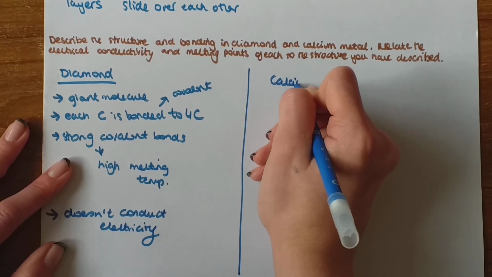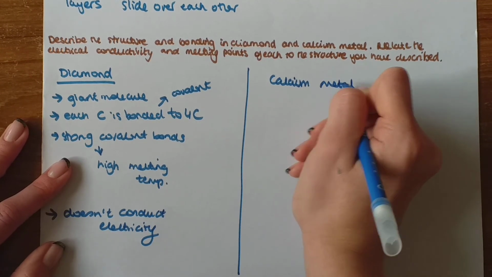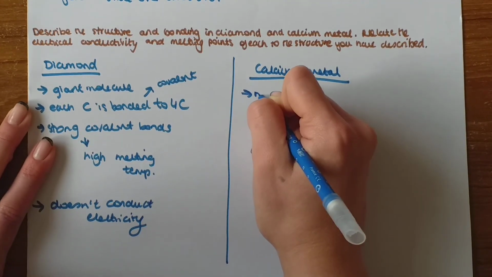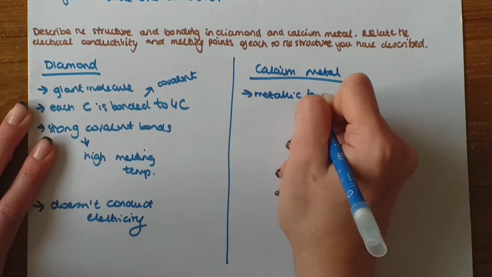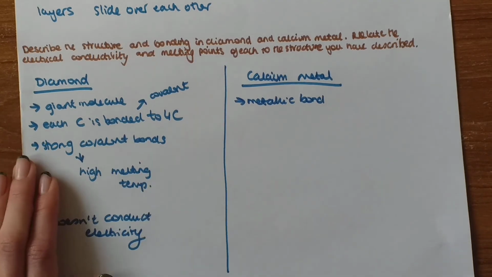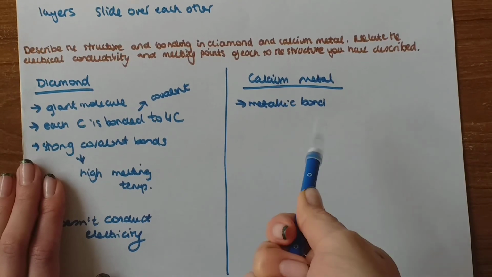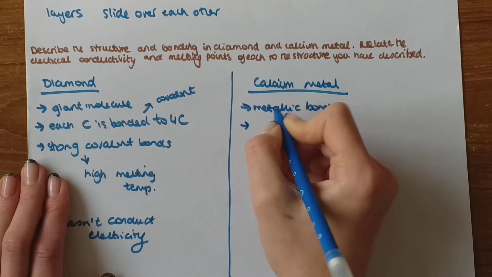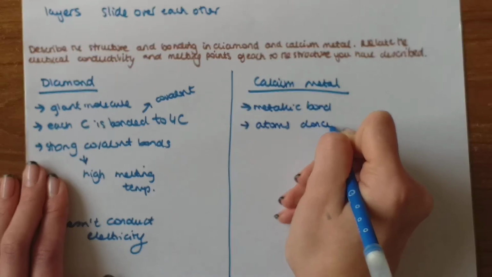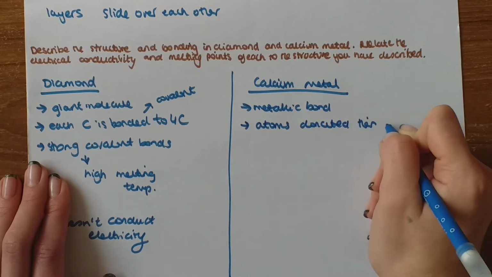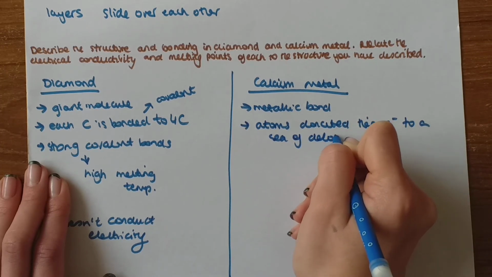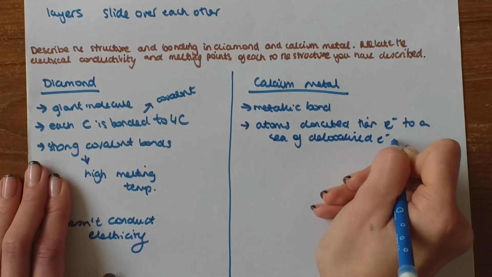Calcium metal, on the other hand, we are told it's a metal. We know there are metallic bonds between calcium atoms, because metal and a metal, it's a metallic bond. And we also know that in metallic bonds, the atoms donate the electrons to a sea of delocalized electrons.